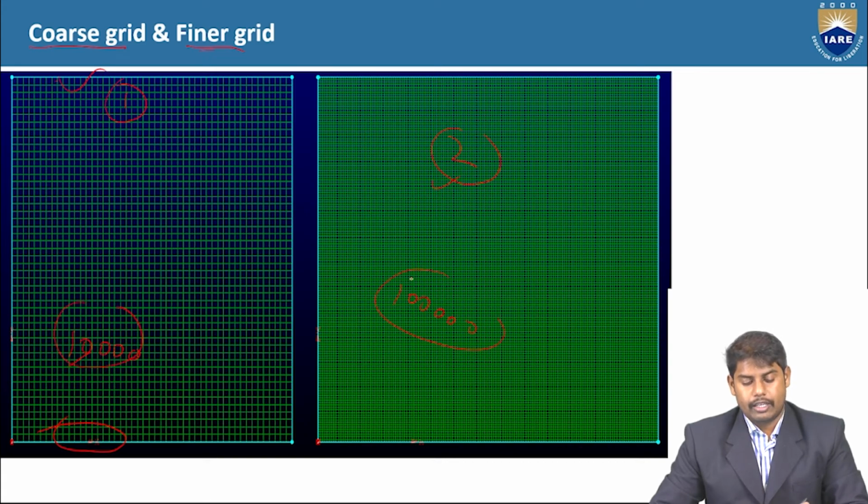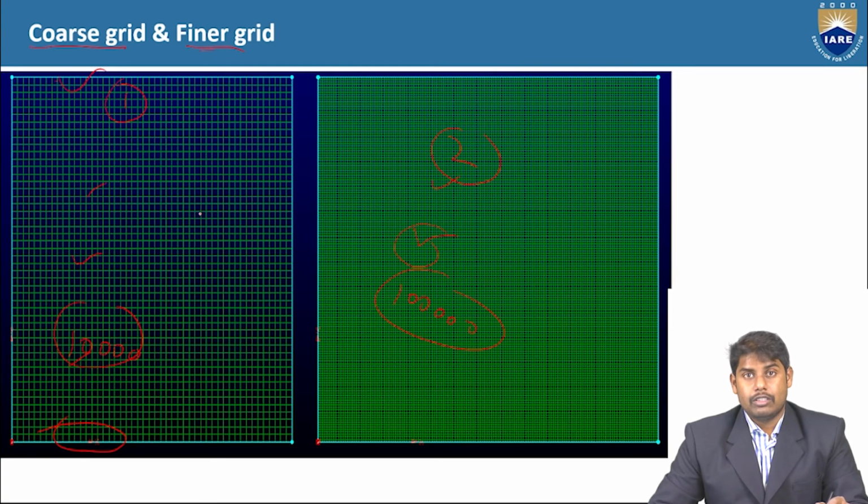The difference is, how many equations do you need to solve? Let's say 30,000 equations here, and here you need to solve 3 lakh equations. So the computational cost is less for the coarser grid and more for the finer grid. But the accuracy of the solution will be very high for the finer grid and low for the coarser grid.